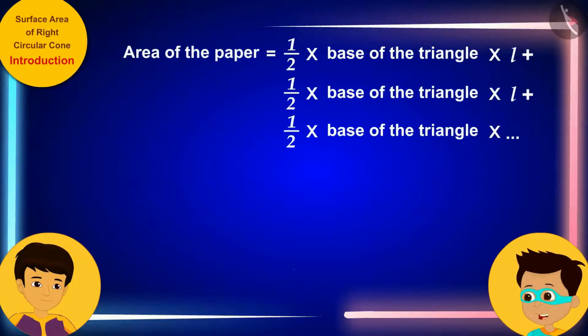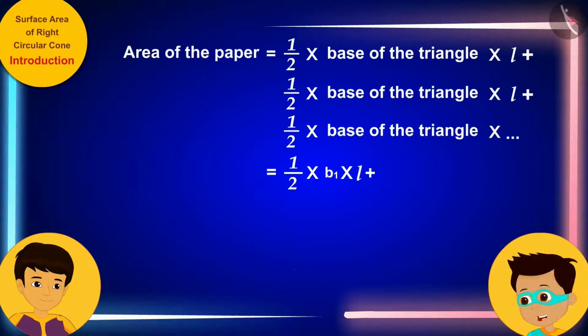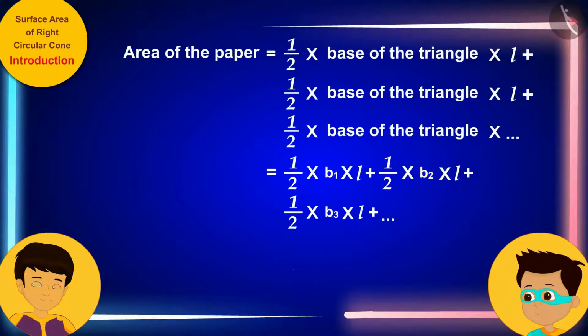Now, if we represent the bases of all these triangles by writing B1, B2, B3, etc. respectively, then we can write the sum of the areas of all these triangles in this way.